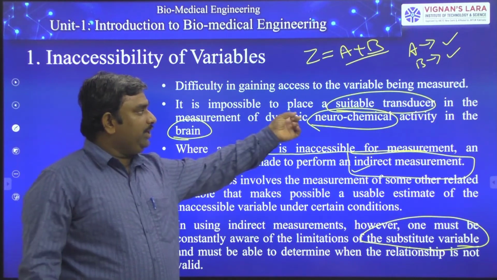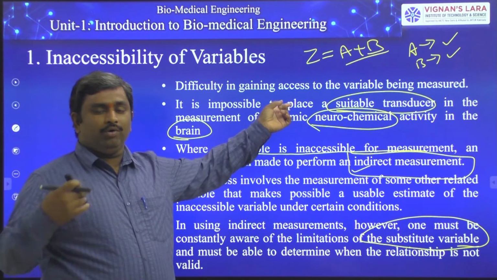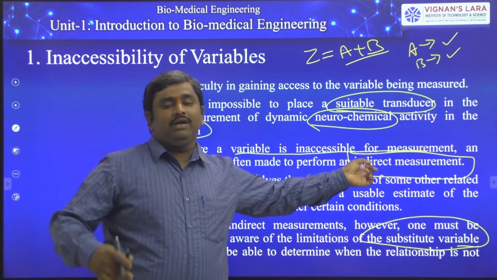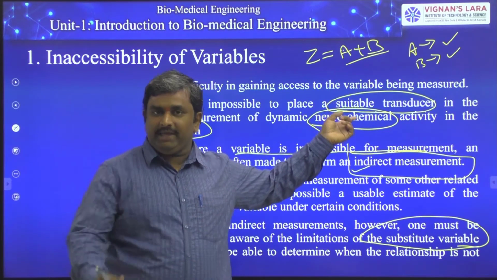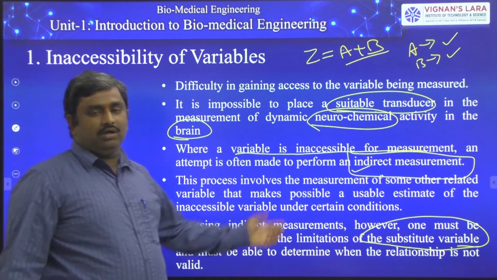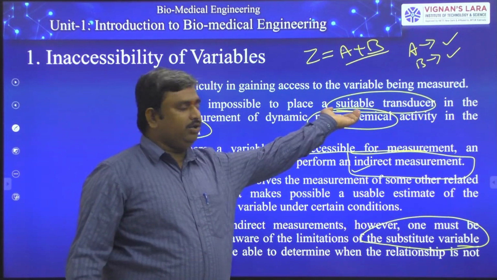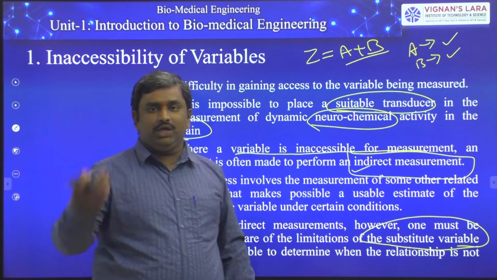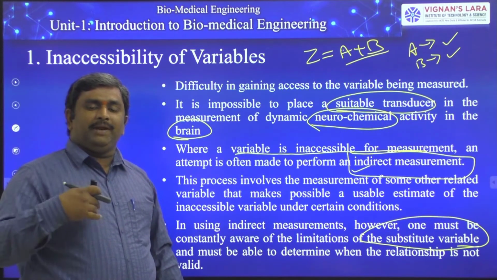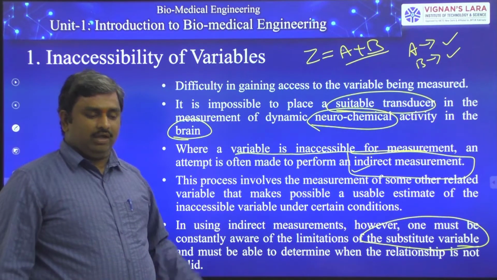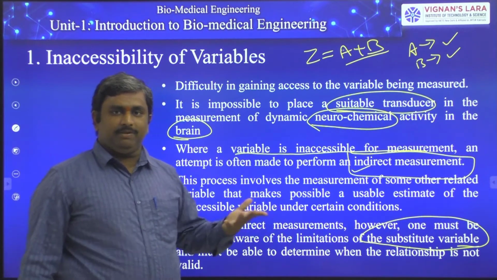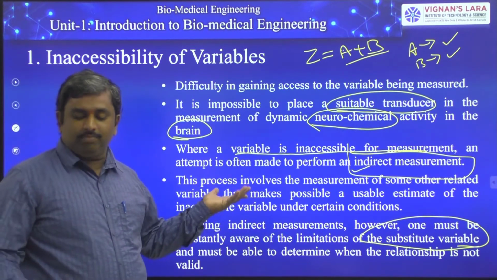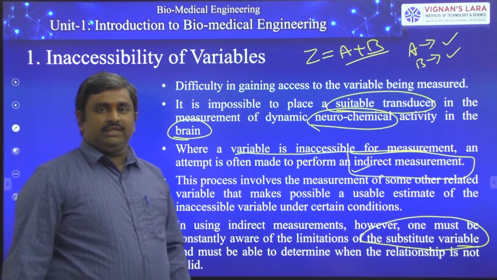At that time, we depend on its dependent variables, and in some places we cannot place transducers. We cannot place a suitable transducer for measuring brain related activities. Some of the variables we cannot access. That is the biggest problem in the human body. Okay, right. Next, the second one.